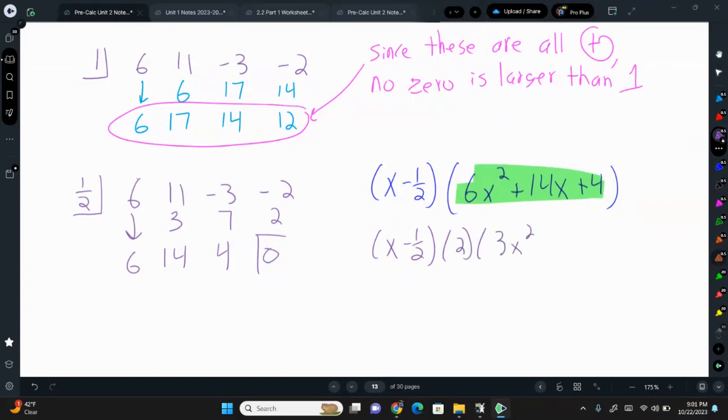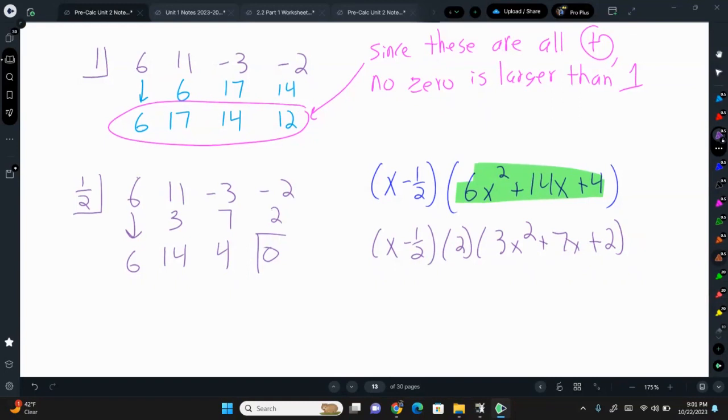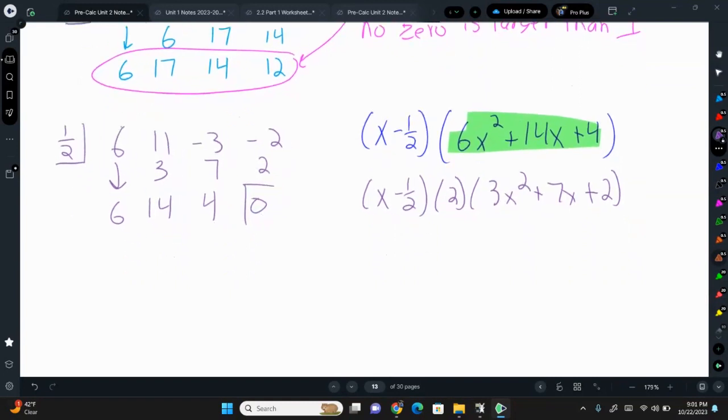So 3x squared plus 7x plus 2, because now this might be easier to do guess and check on because we don't have a lot of factors of 2 and 3. So I'm going to do guess and check for this one. And then we can multiply this by 2.